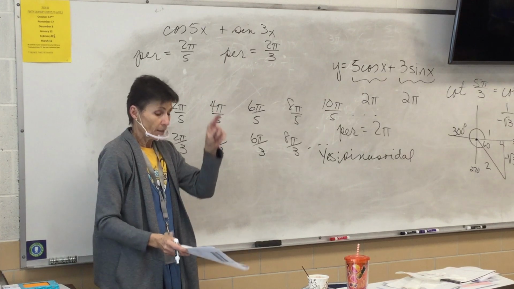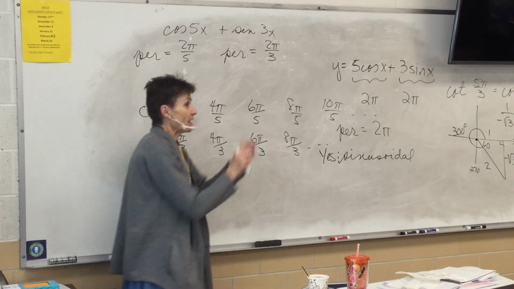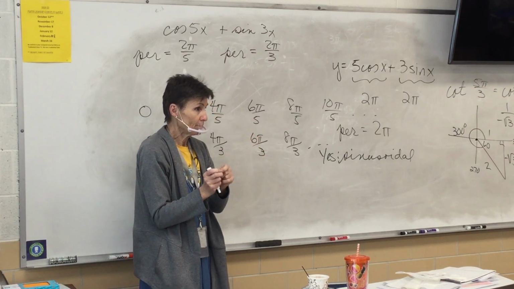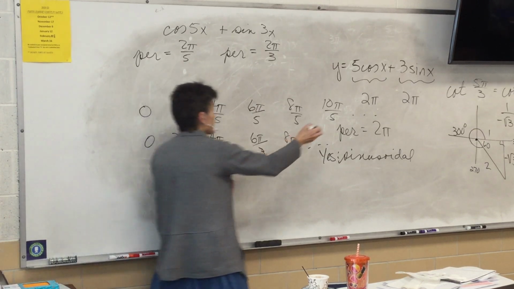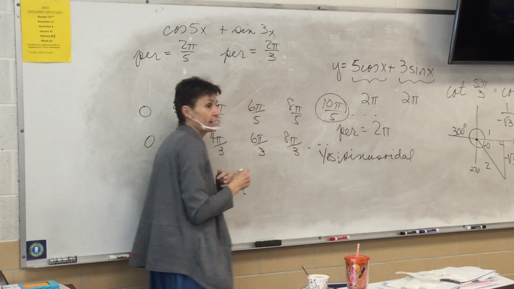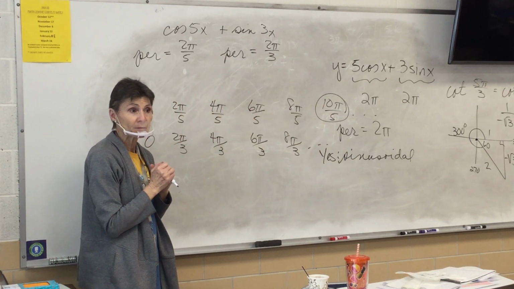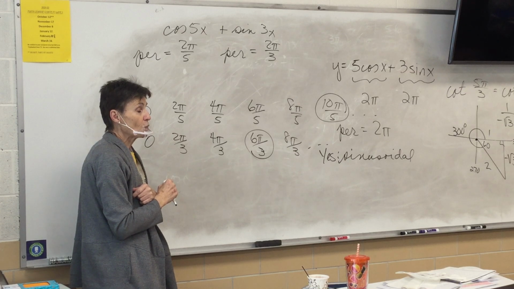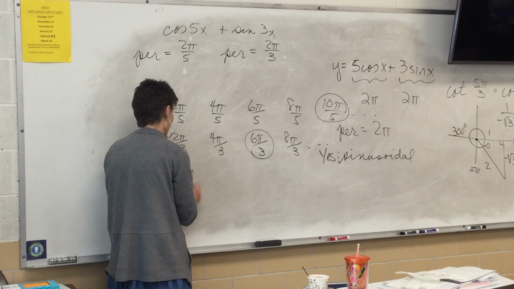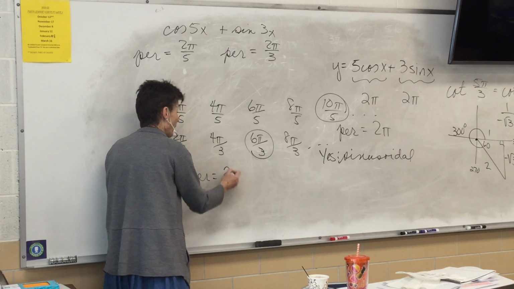The first place that they both start over again is the period of the sum. So notice that this one starts over again at 2 pi, and so does this one. So the period of their sum is 2 pi.